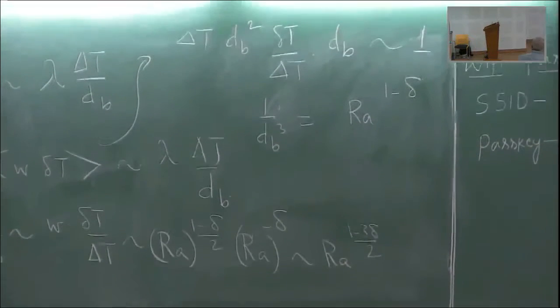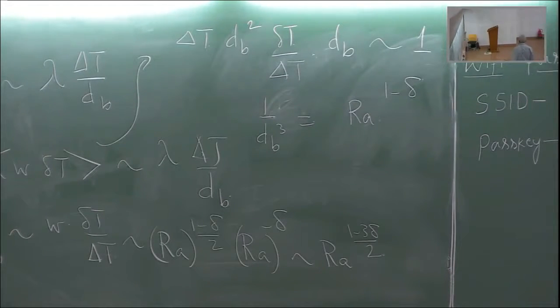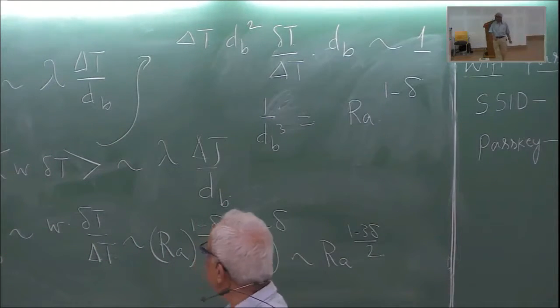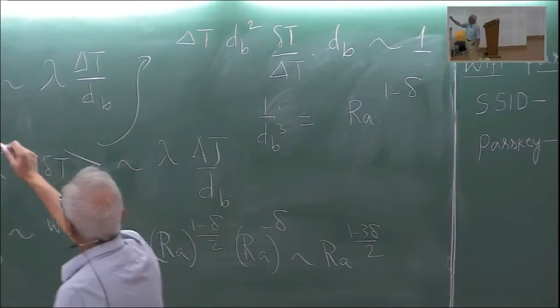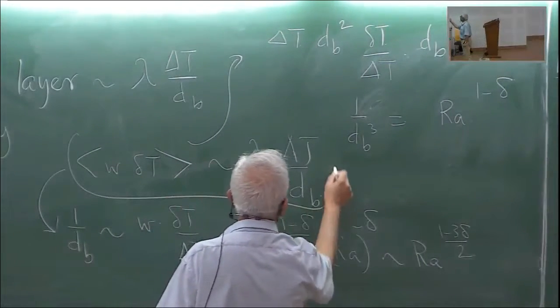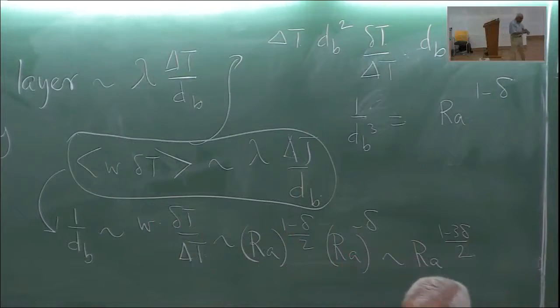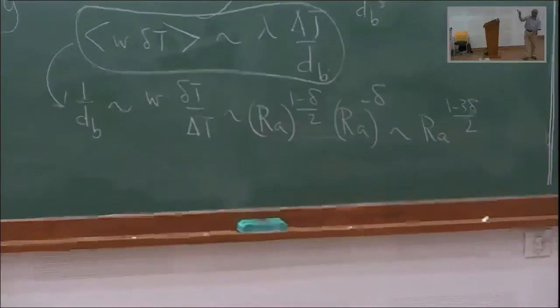So I have got a different estimate for 1 over dB. Taking the velocity from the center of the cell, I'm using a heat transfer balance. What is conducted across the boundary layer is getting convected away.